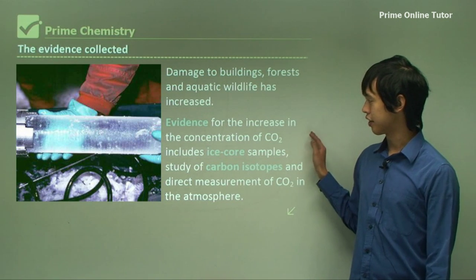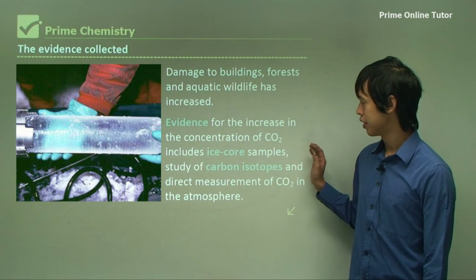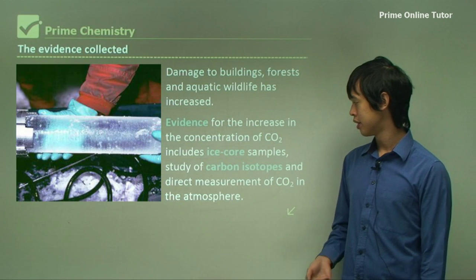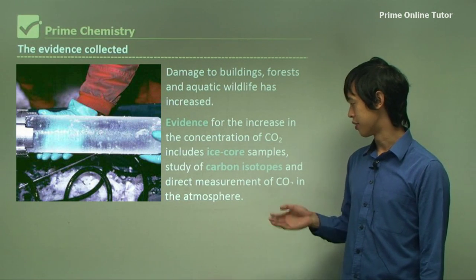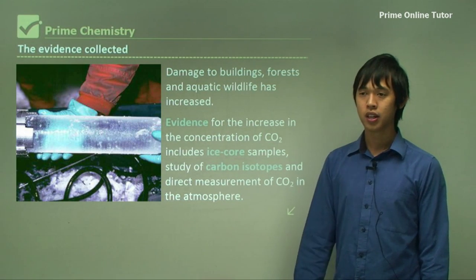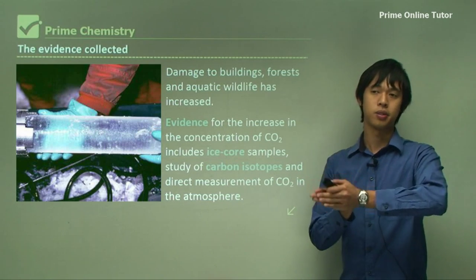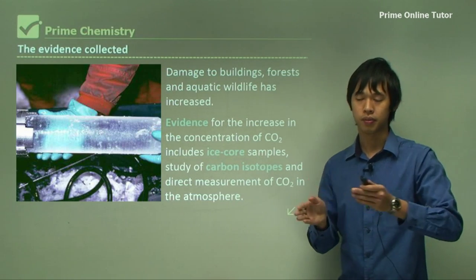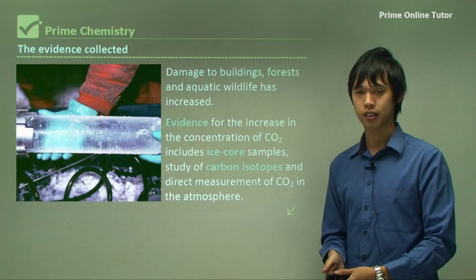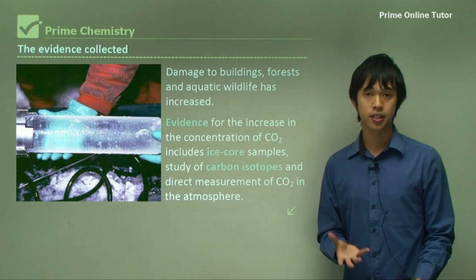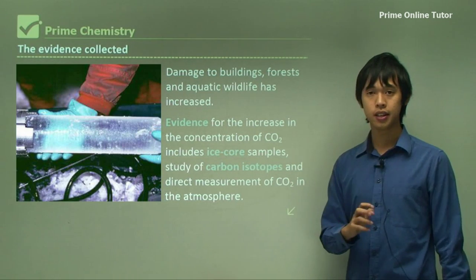Evidence for the increase in the concentration of CO2 includes ice core samples, the study of carbon isotopes, and direct measurements of CO2 in the atmosphere. While I've been focusing on SO2 and NO2, sulfur oxides and nitrogen oxides, carbon dioxide is also an acidic oxide.